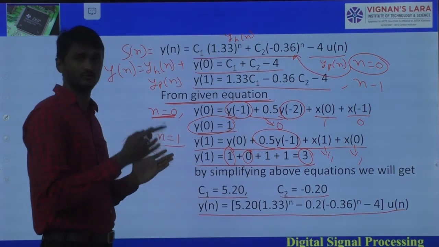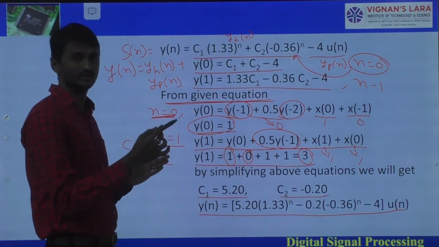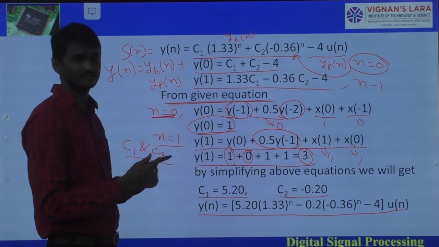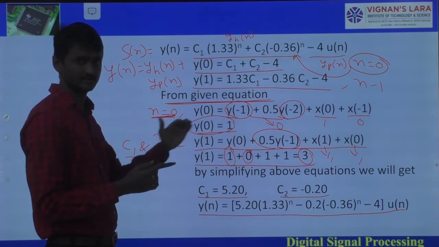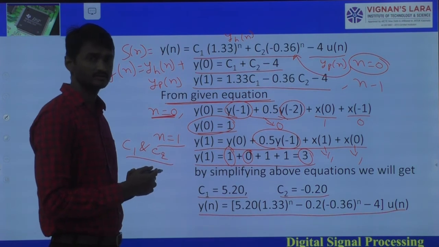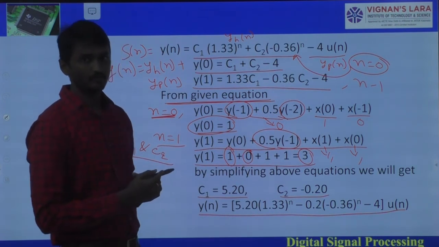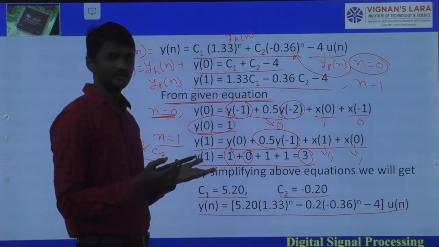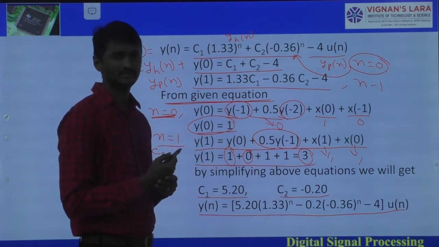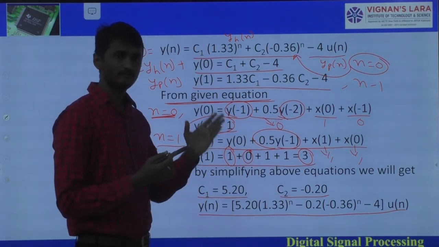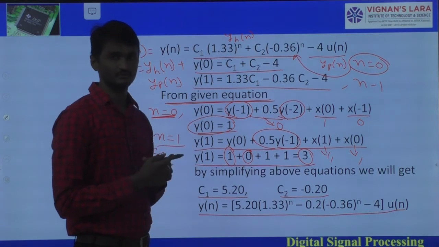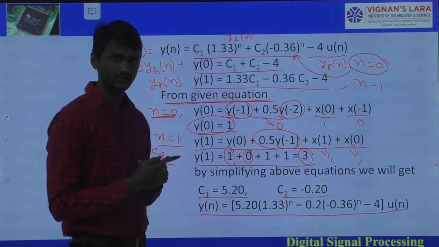That means it is defined only for positive values of time, so it is simply a causal system. For any causal system, the signal is 0 for n less than 0, that is, in negative time.